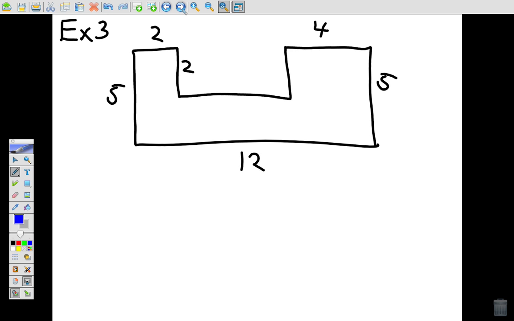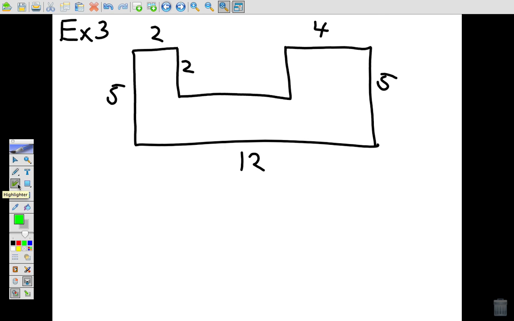In the past, you may have tried to find the missing sides. That's fine, but sometimes you don't have enough information to do that. I'm going to show you a way that you might want to consider.